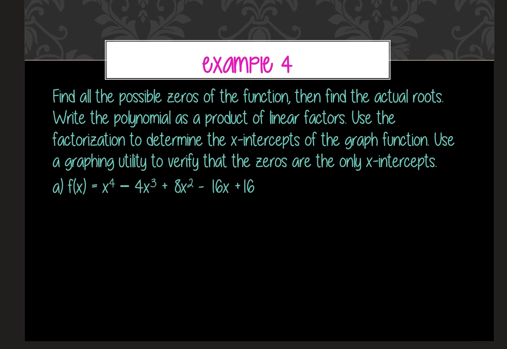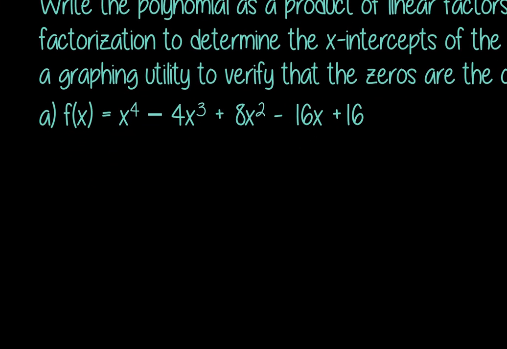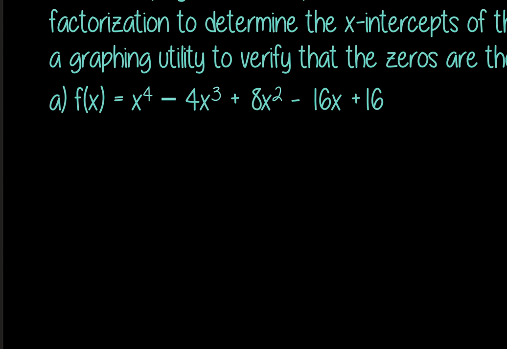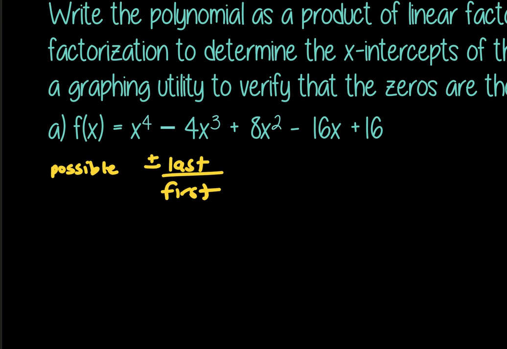So start with possible zeros, okay? How do I figure out the possible zeros? Plus and minus, last over first. Not the possible number of them, but the actual possible roots is what it's looking for. So what are the factors of the last term?